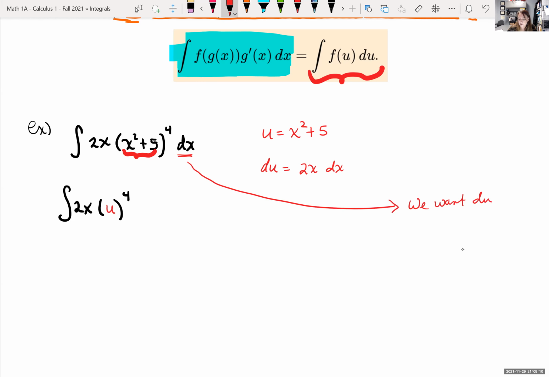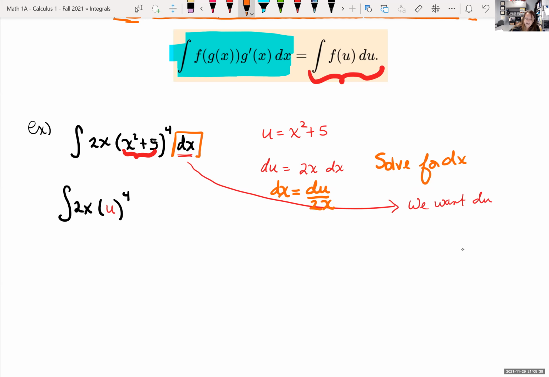So what you're going to do is go back to where we took the derivative of u equals x squared plus 5 and solve for dx. We can do that by dividing both sides by 2x. If we divide both sides by 2x, we get dx is equal to du over 2x.